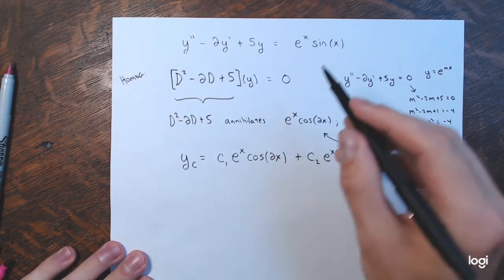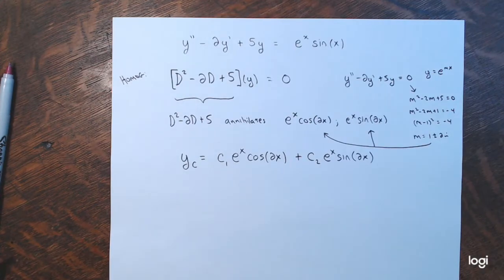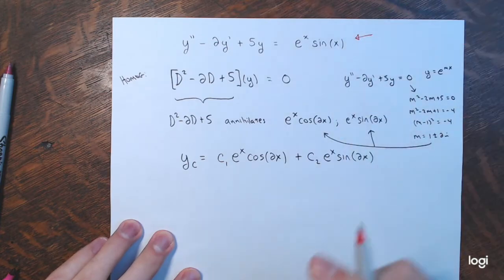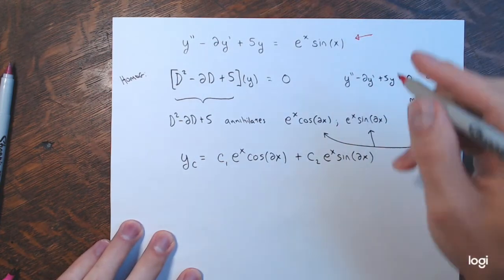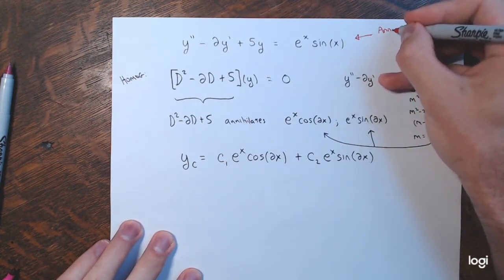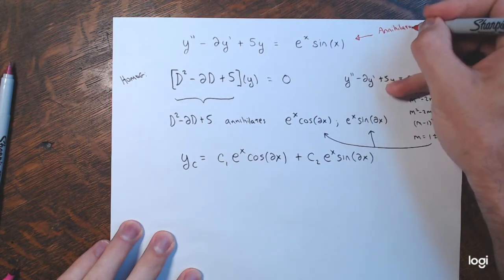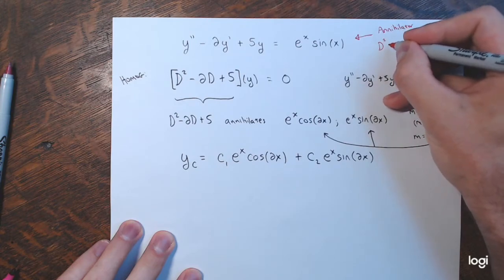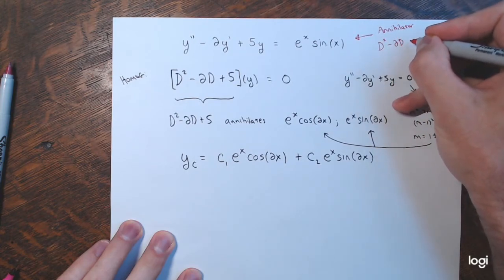Now, this side. All right. The annihilator of e to the x sine x would be D squared minus 2D plus 2.